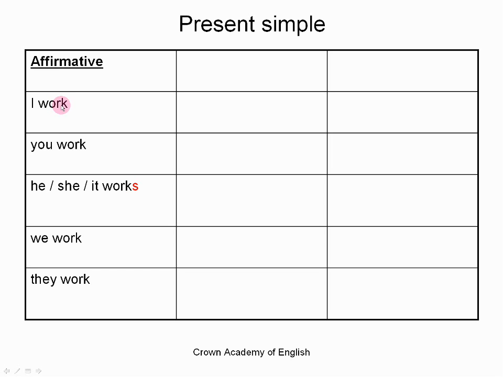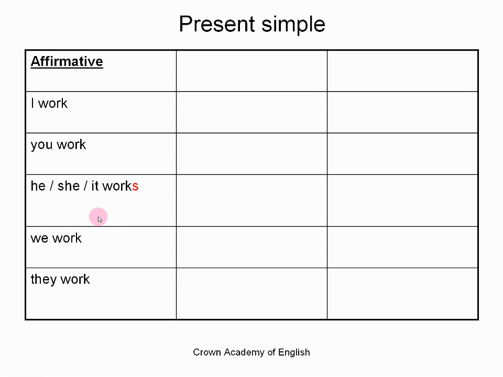It's the same with you work. And this is the only one which changes. This is the important one to look at. It's the third person singular. So he, she, it works. You add an S, a letter S, to the infinitive.